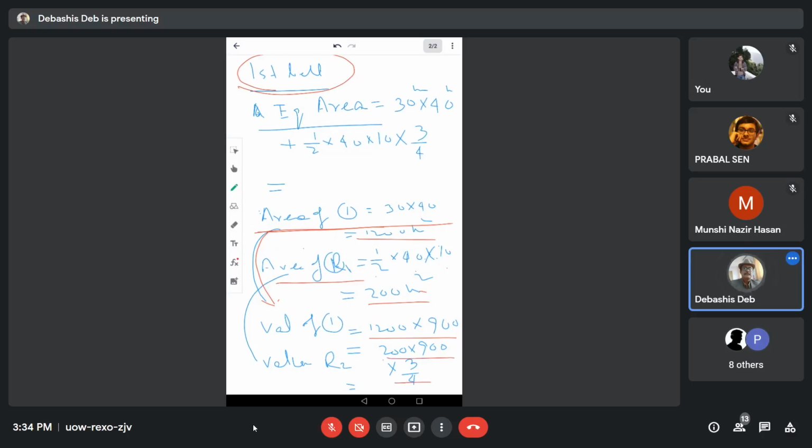Now instead of multiplying every time with 900, the equivalent area is done with respect to the main land in the first belt. So I have written 30 into 40, the area of 1, and the area of recess R1 is half into 40 into 10, and this factor I am multiplying here. Now just tell me, what is coming?